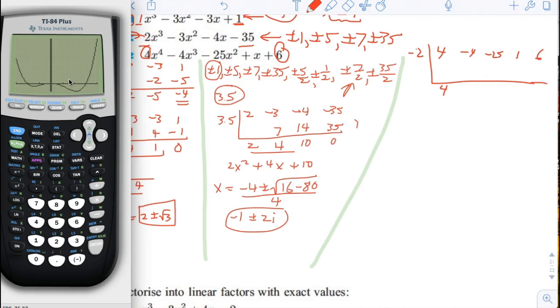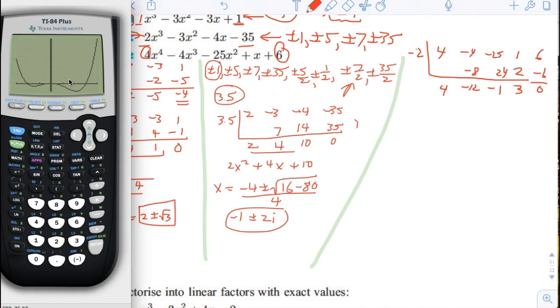We got 4, -8, -12, 24, -1. -1 times -2 is 2. 3, -2 times 3 is -6.